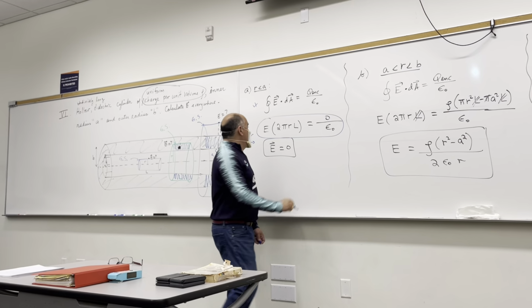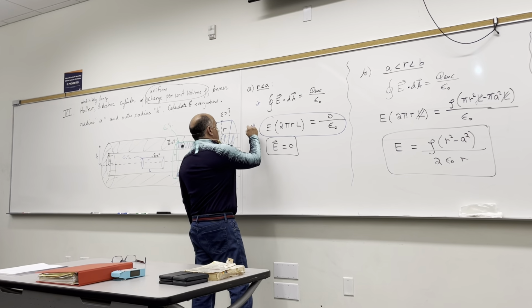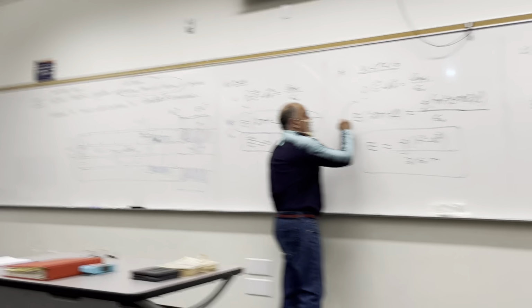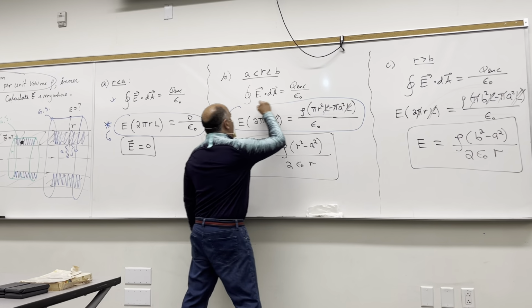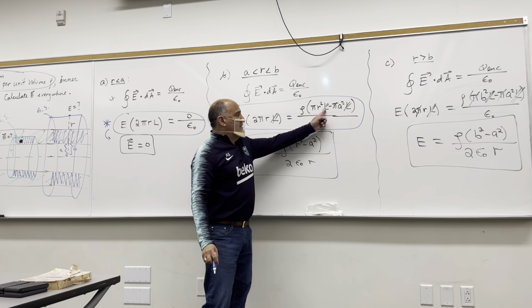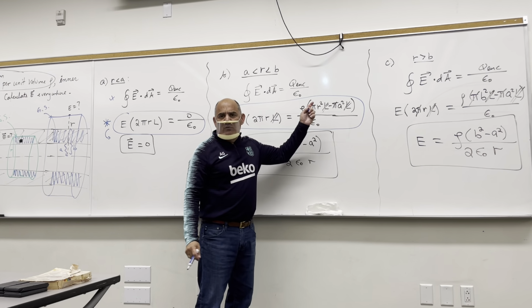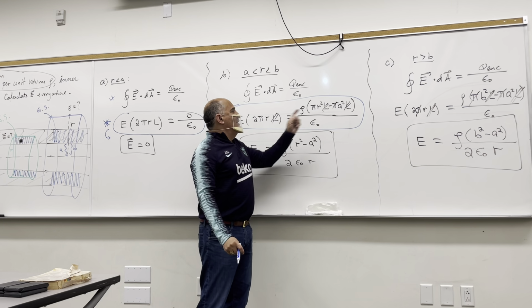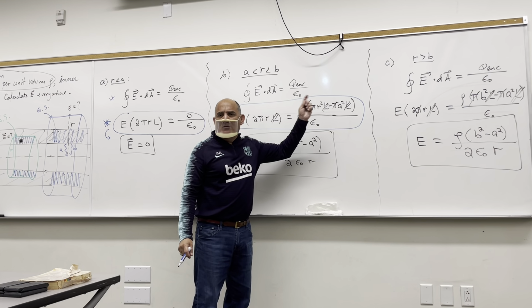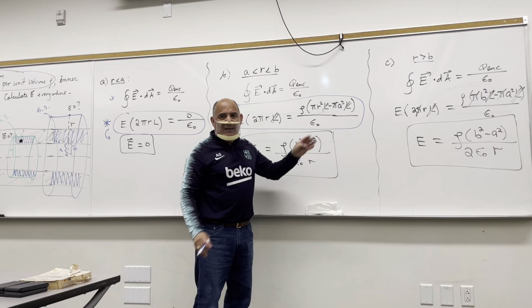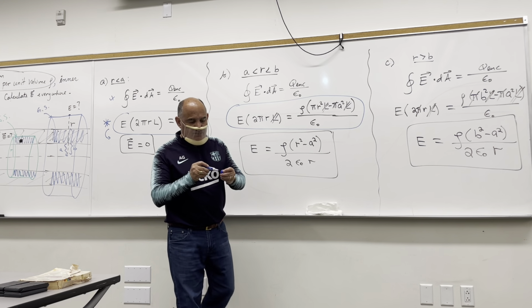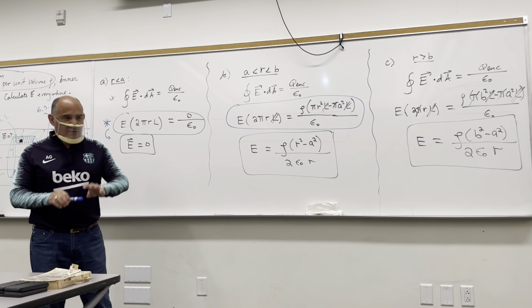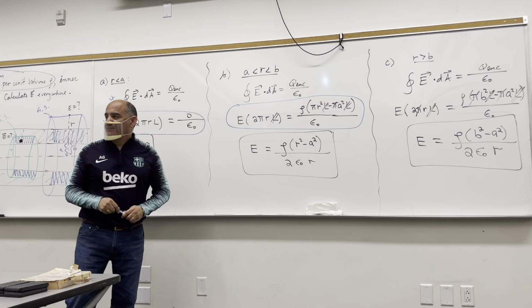So this is where you have to slow down and write very, very carefully, because if you write down something and you're missing the L, or you put R when you were supposed to put R squared, or R squared minus B squared, any mistake on this line, that's it for that part of the problem. It's just wrong.